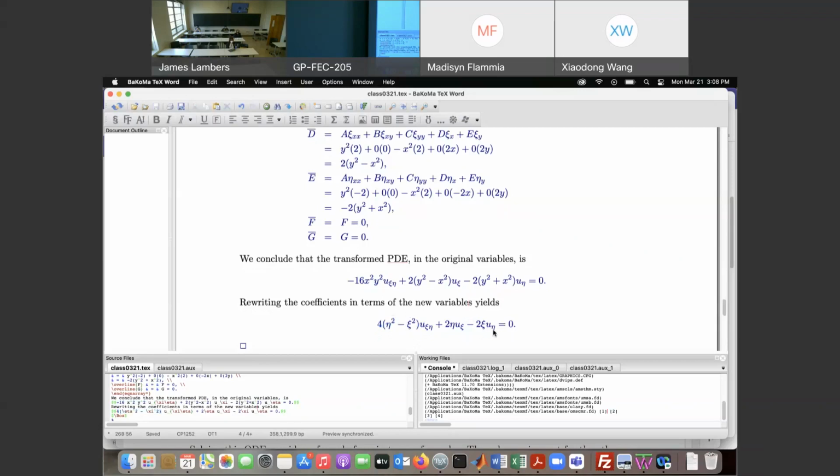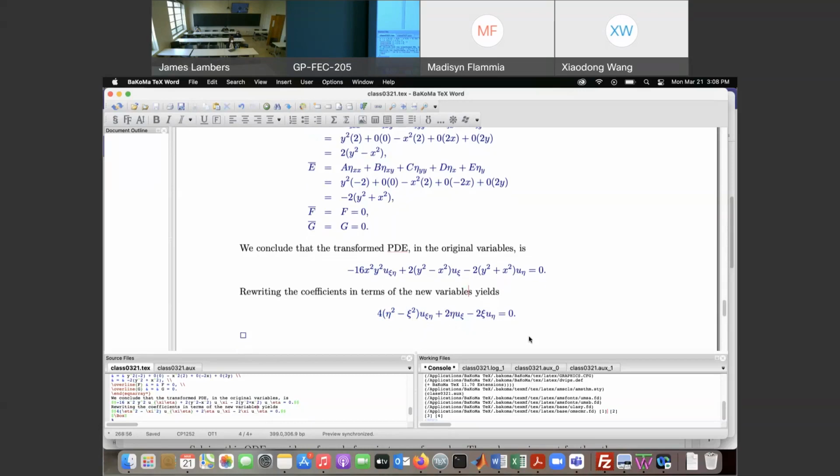So now, this is my transformed PDE in terms of entirely the new variables. Questions about how this unfolded?